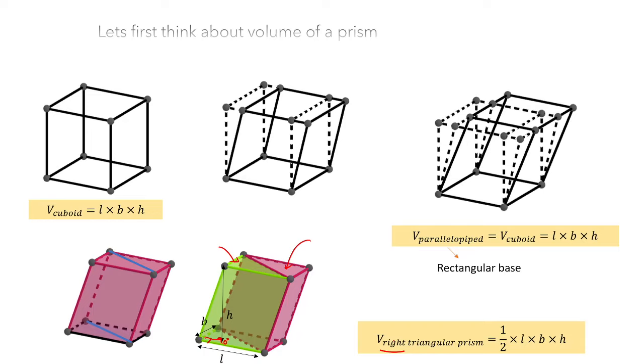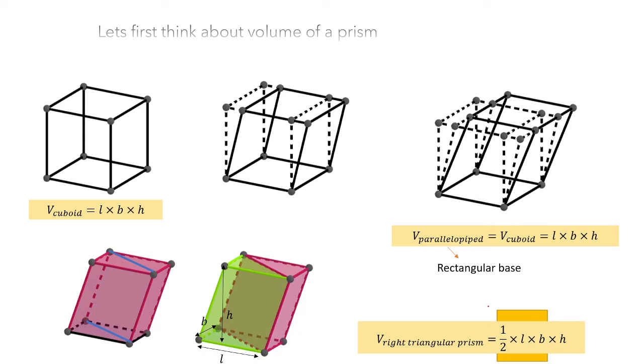So the volume of a right triangular prism is half times L into B into H, and L is still this, B is this, but the height is the height. It's not this length, it could be tilted. So we know that the volume of a right triangular prism is half into length into base into height. Right angle triangles I love because they are the queen of geometry.